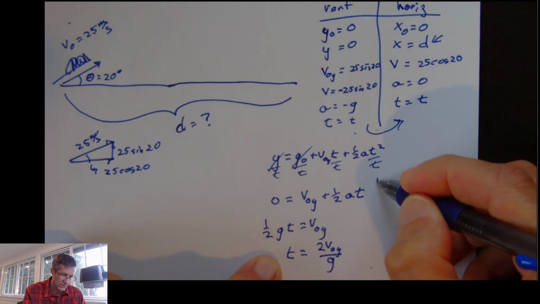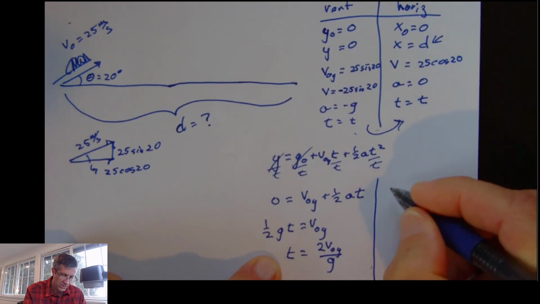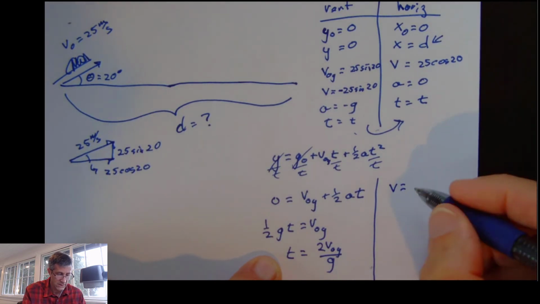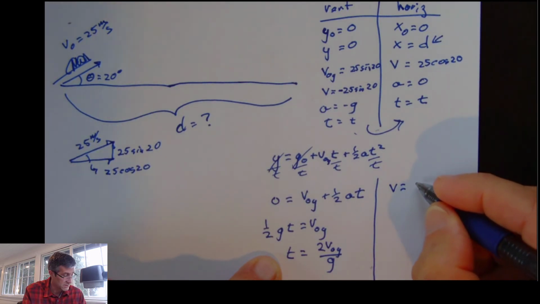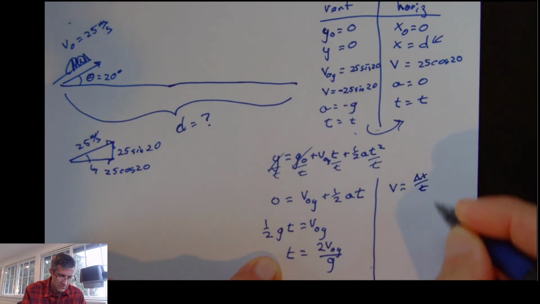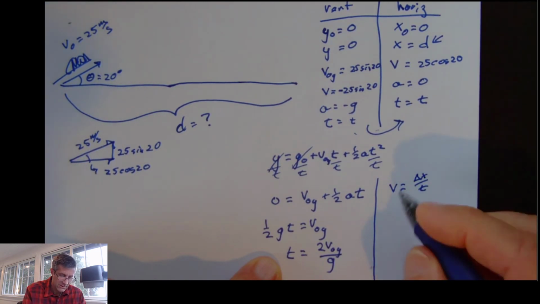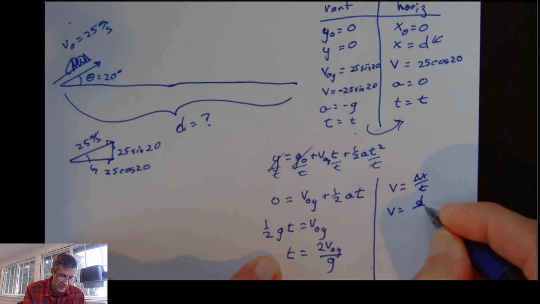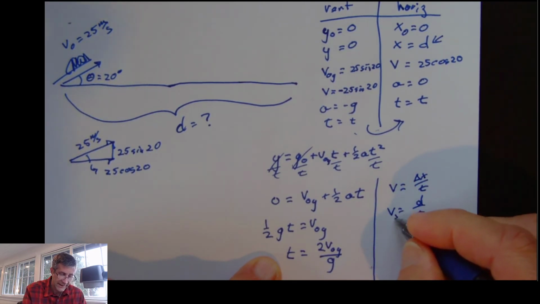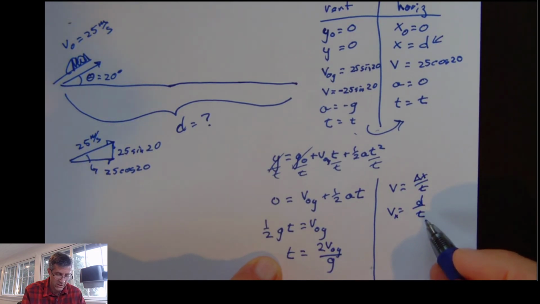So now I'm going to go to my other dimension. Here it's a little bit easier, right? I'm going to use velocity is equal to change in displacement over time. My change in displacement is going to be d, so velocity is equal to d divided by time. I know velocity in my x direction.